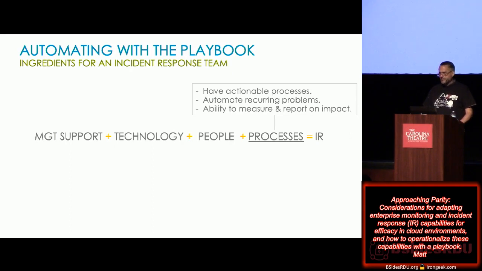You have to have people who know what to do with the technology. And then you have to have process written around that, otherwise everything has to be done manually. And so we use a playbook. That is the process by which we automate our monitoring response. And we also use continuous feedback on the plays to help ensure efficacy.